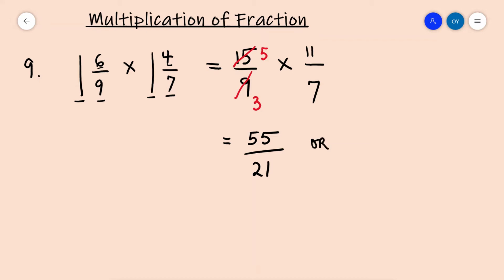So 55 over 21 can be converted to a mixed number. So we have 2 whole numbers there because 21 times 2 is 42.